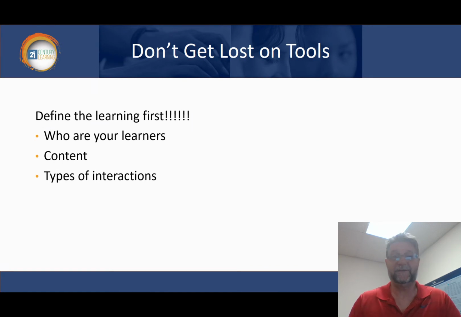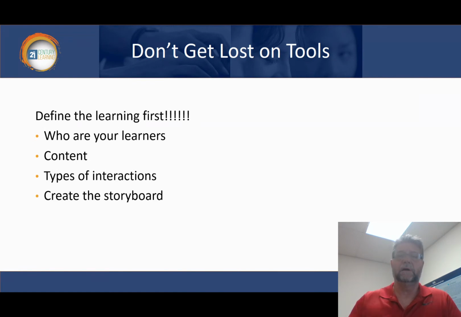Let's face it, we can get tons and tons of information straight from Google. But what separates you as a designer from all that is how the learner engages and interacts with that content. That's what drives the meaning, because a data dump is not meaningful, but the interaction is.